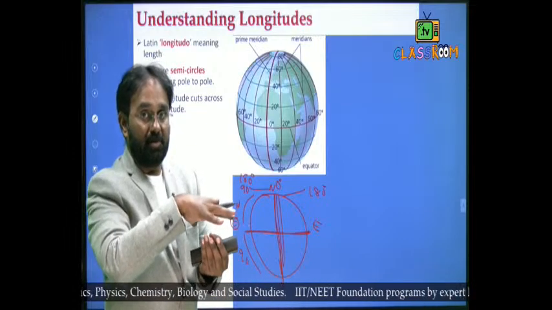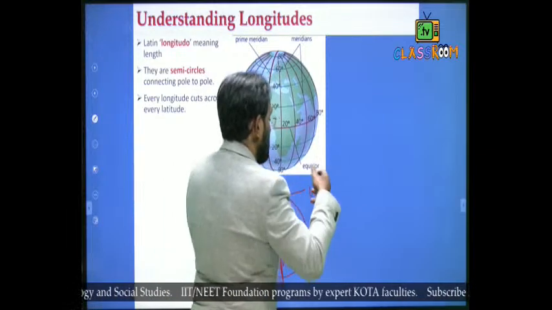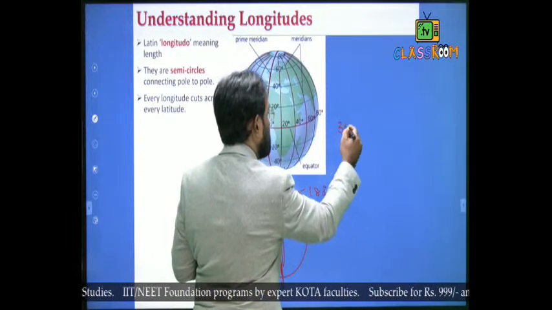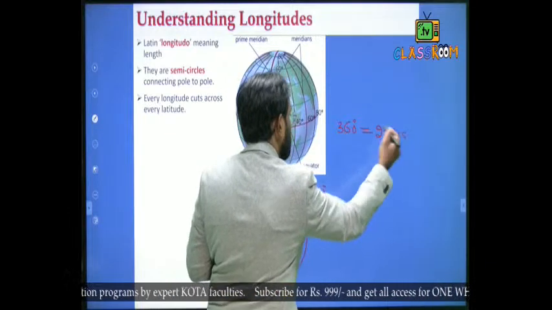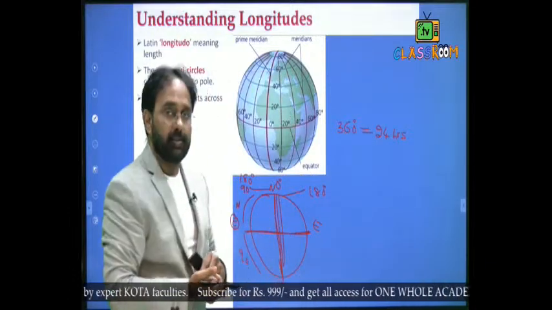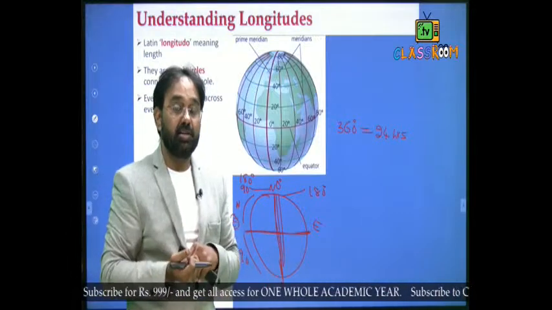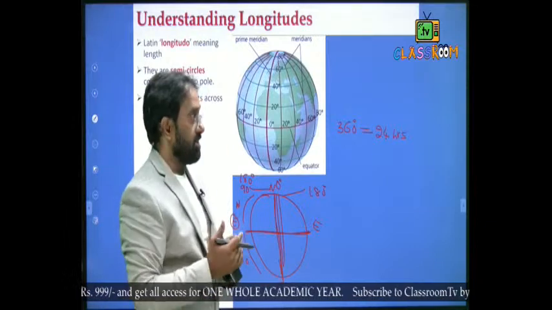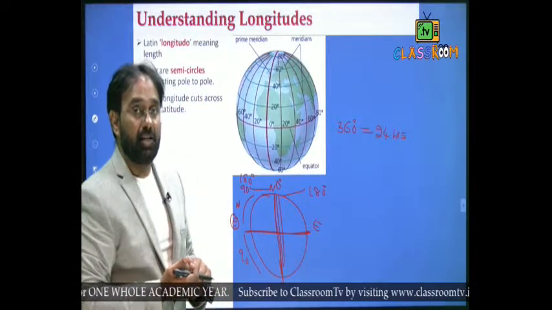This is all the calculation we did in our last class. When the earth is rotating 360 degrees for every 24 hours, because of this earth rotation we are also rotating 360 degrees. It is taking 24 hours of time. How many longitudes are there totally? 360.